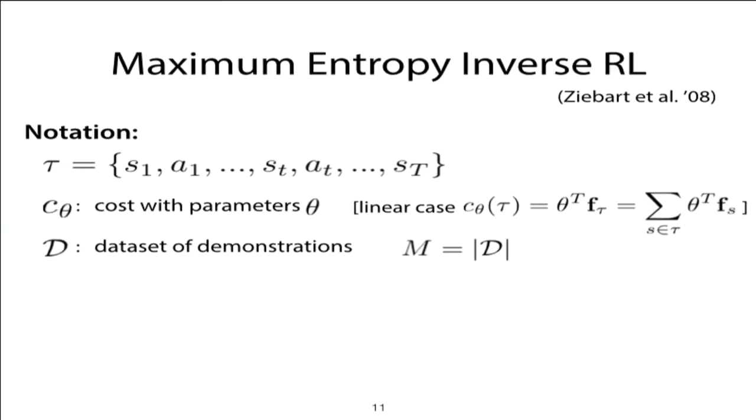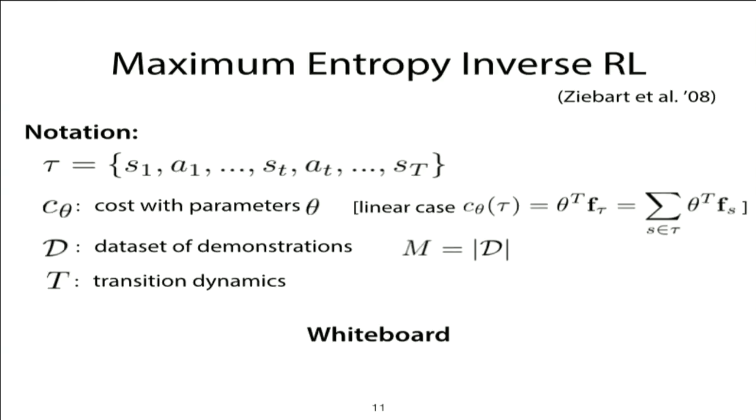And then I'm going to use D, capital D, to denote the data set of demonstrations, and I'll use M to denote the number of demonstrations that we have. And lastly, I'm going to use T to denote the transition dynamics.